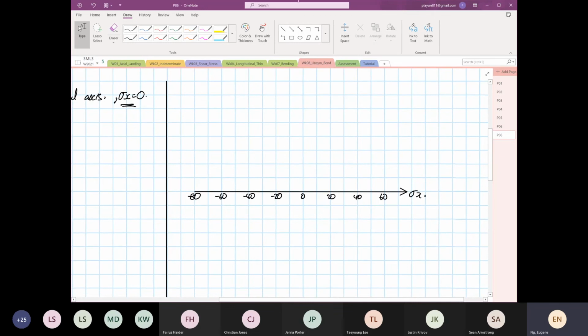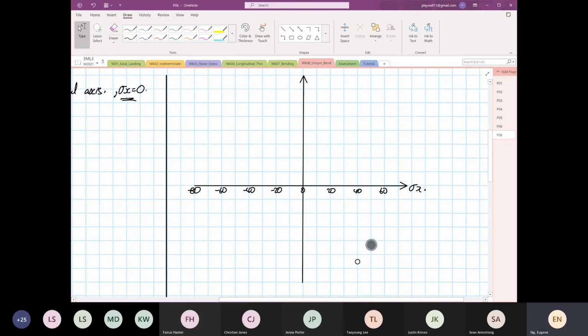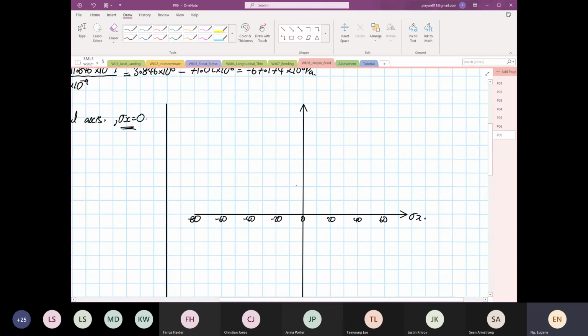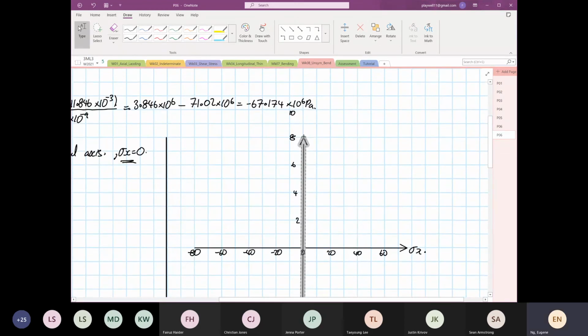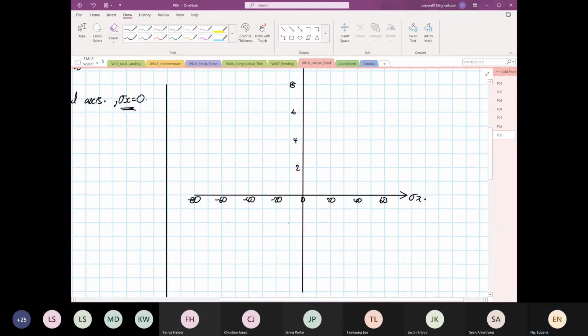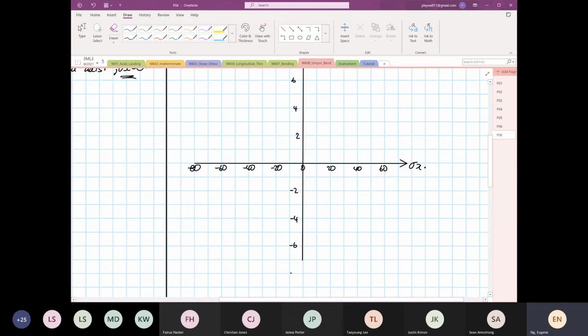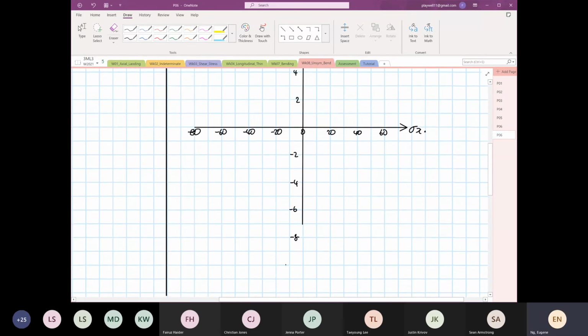So this is your stress X. Then you draw your Y. So this is my Y: 2, 4, 6, 8, 10, and then minus 2, minus 4, minus 6, minus 8, and minus 10.